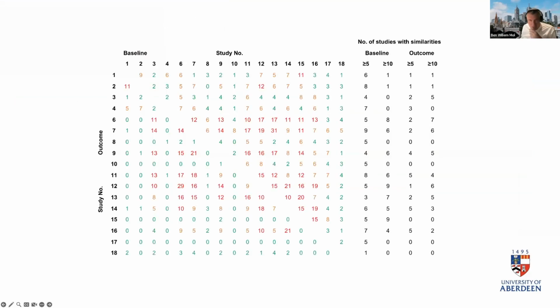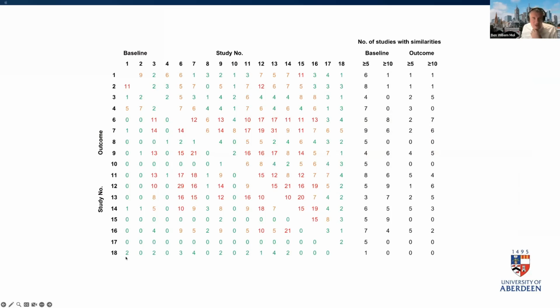So Esme summarized it all, and here you can see the 18 studies of Badawi, and red means that there are more than 10 similarities in baseline or outcome variables. So I think that proves that at least a substantial part of these papers is fabricated.